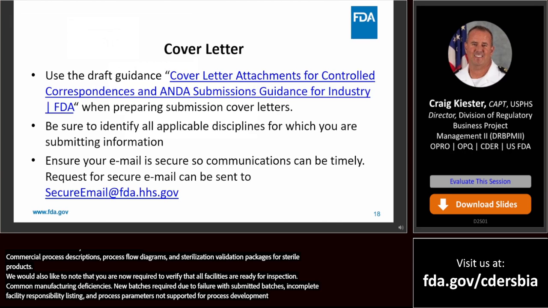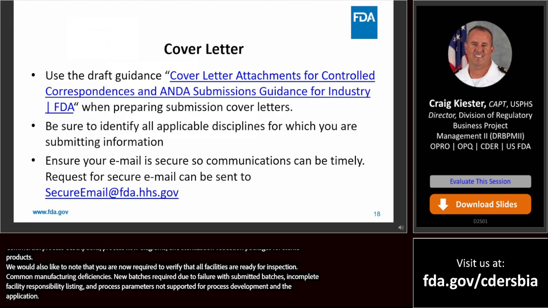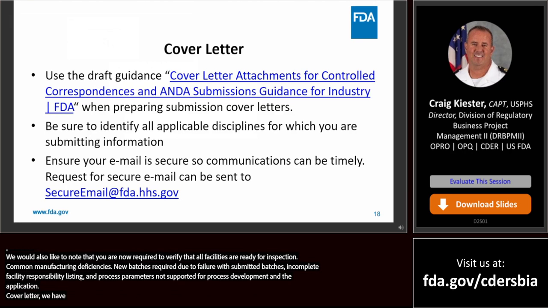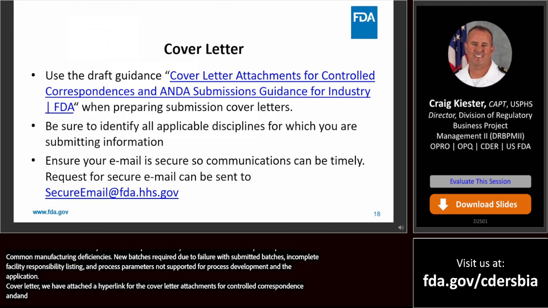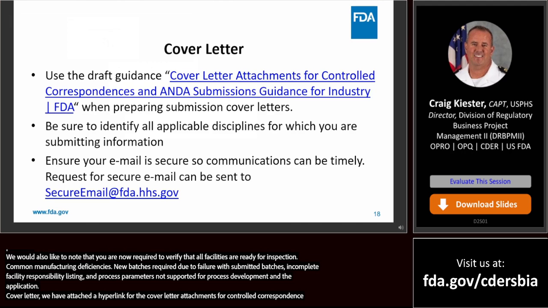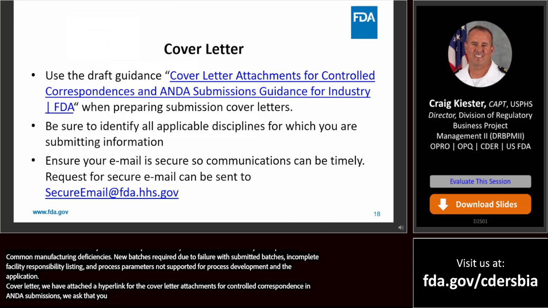The cover letter. We have attached a hyperlink for the cover letter attachments for control correspondence and ANDA submissions. We ask that you use this when preparing submission cover letters.